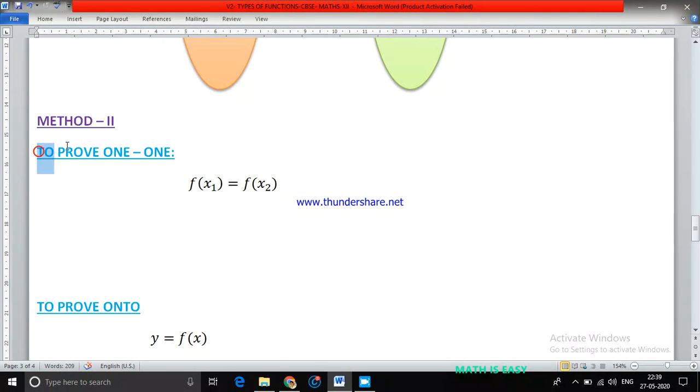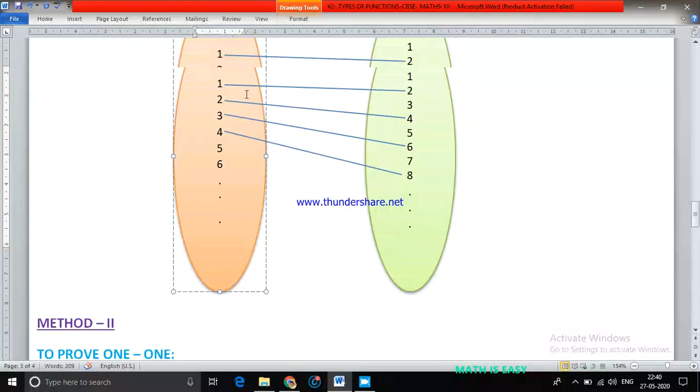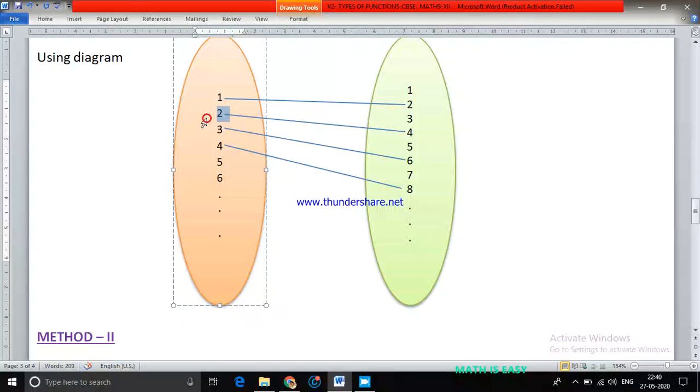Now to prove a function is one-one, there is a standard procedure. If I want to prove any function is one-one, take f of x1 equals f of x2. Here x1, x2 are coming from the first set: x1, x2, x3, x4, x5, x6 and so on.